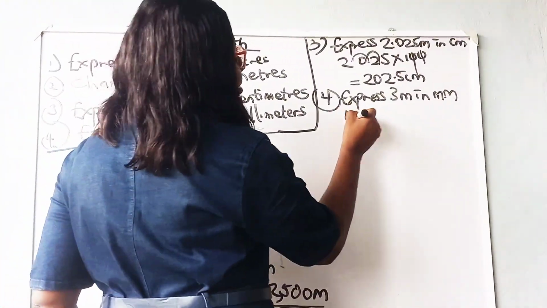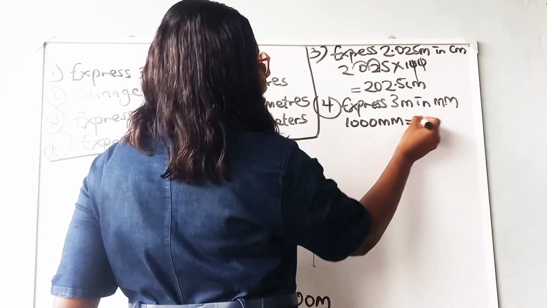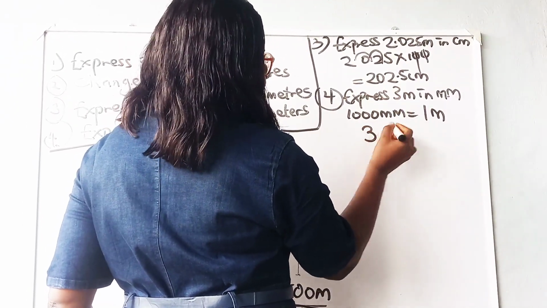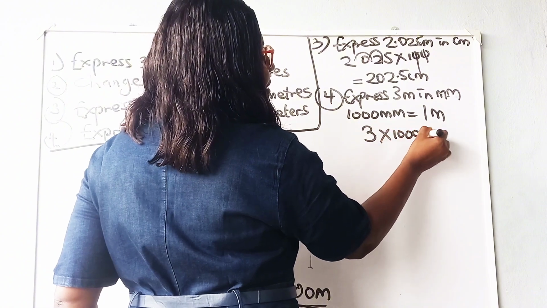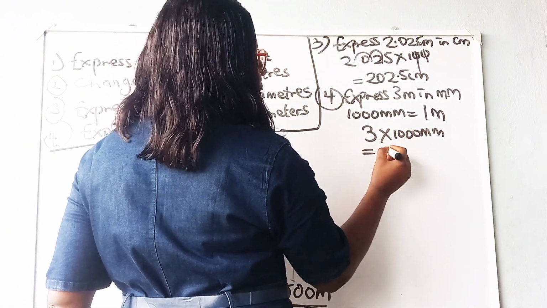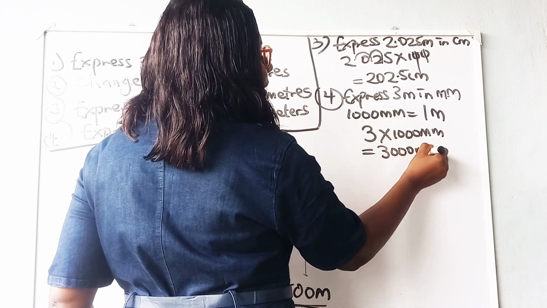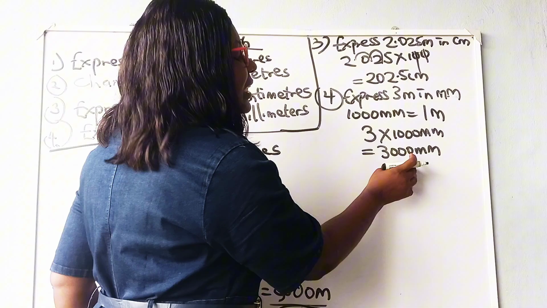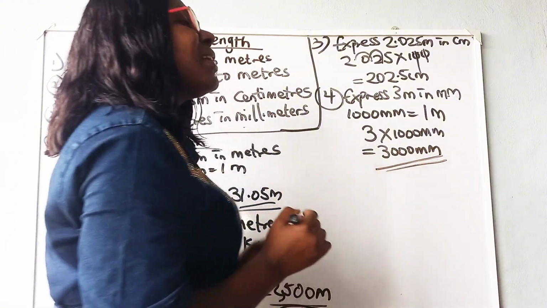So it is 1,000 millimeters equals 1 meter. So we have here 3 times 1,000 millimeters. Okay, now 3 times 1,000 will give us what? 3,000 millimeters. So 3 meters in millimeters will give us 3,000 millimeters. This is our answer.